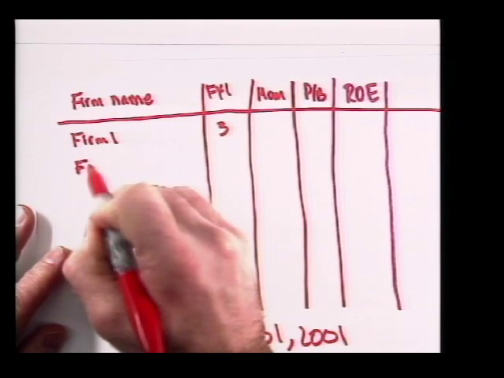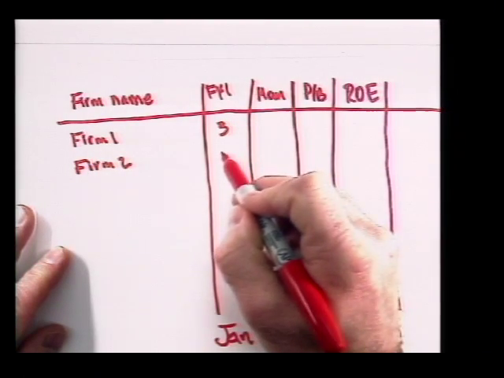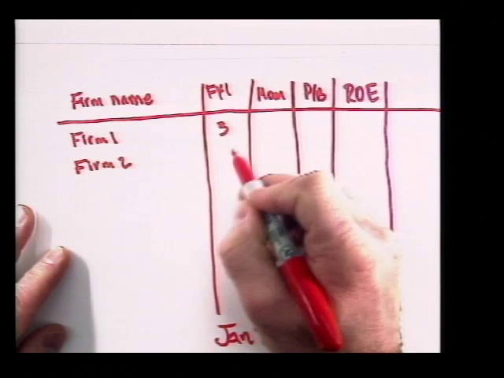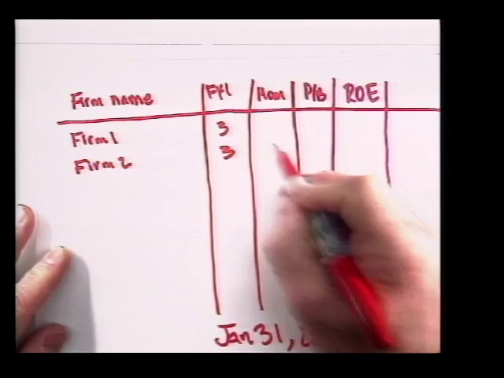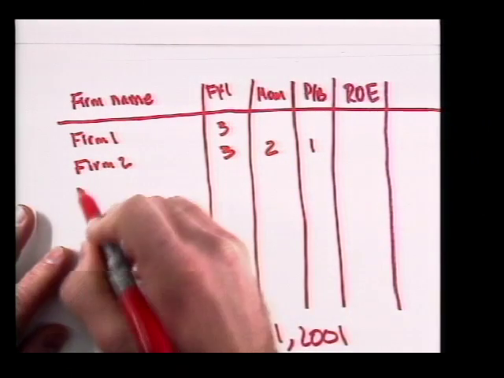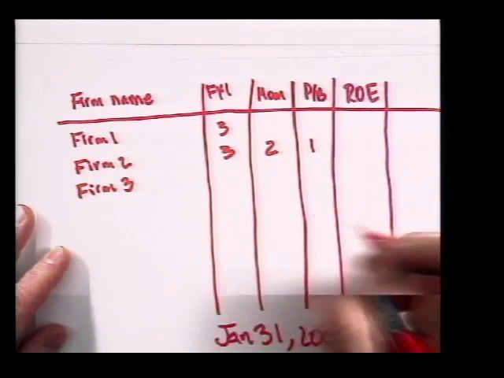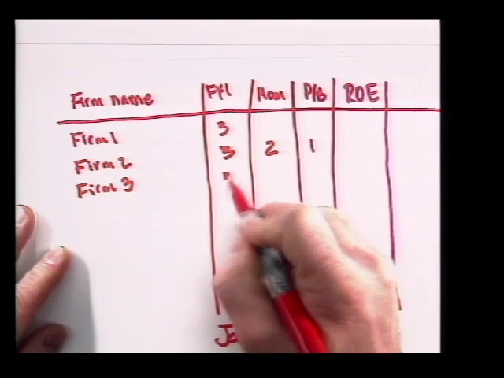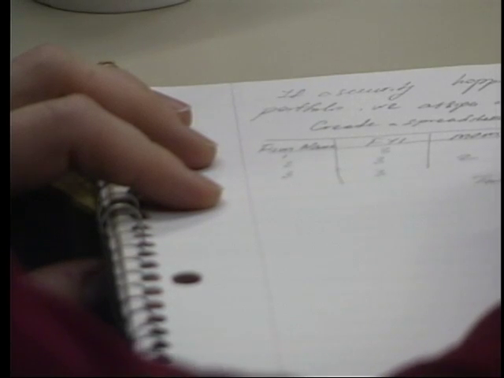Firm 2, maybe it shows up in the first 3, but doesn't show up in the ROE. Firm 3, it shows up in FY1, but it also shows up in ROE.